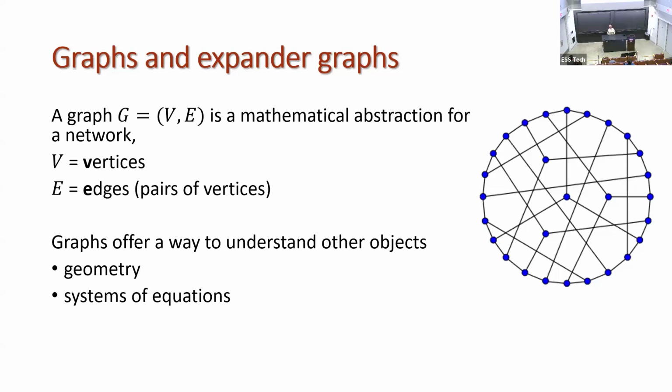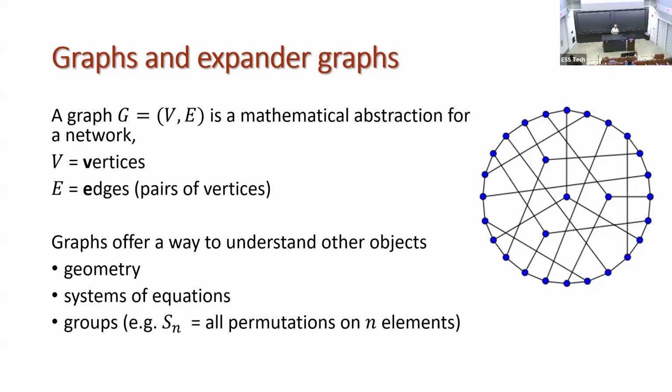Even a system of equations over variables is sometimes, you'd be surprised, very useful to study as a graph. You would maybe put variables on the vertices, and an equation between two variables would be represented by an edge. So somehow that's useful. Sometimes we study groups, like in group theory, by looking at graphs that represent some aspect or some structure of the group.